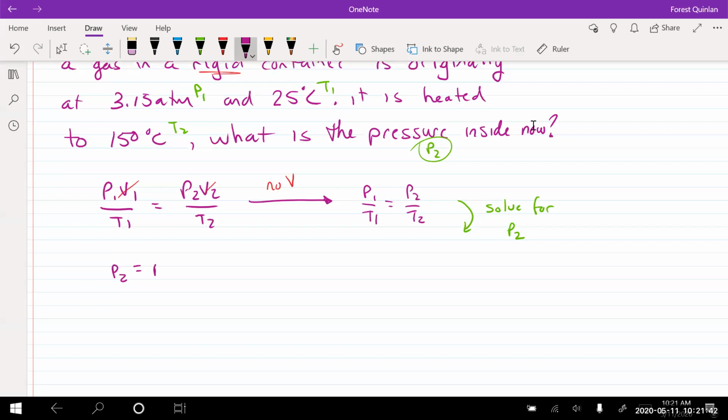P2 is equal to P1 T2 over T1. Should my pressure be going up or down? Yes, it should be going up. We're heating it up. So hopefully we'll get a pressure that matches that. Otherwise, we're going to have a bad day.